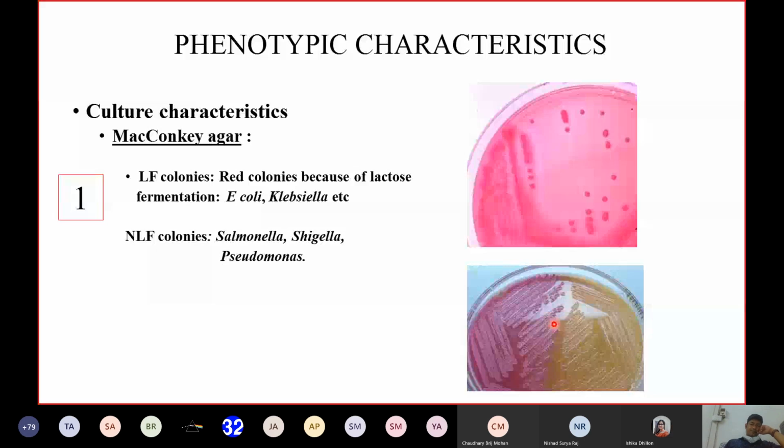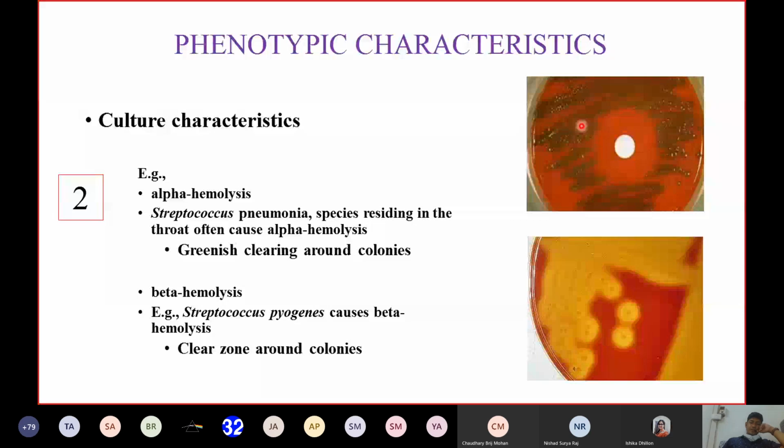Here you can see alpha hemolytic. I told you Streptococcus pneumoniae will partially lyse the RBC, and they will make a greenish zone around their colonies. They can change the media color. It is Streptococcus pneumoniae, and the change that we can see is because of partial hemolysis of RBC.